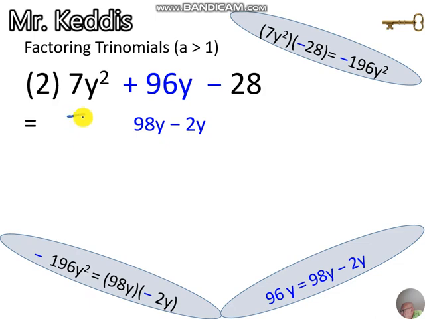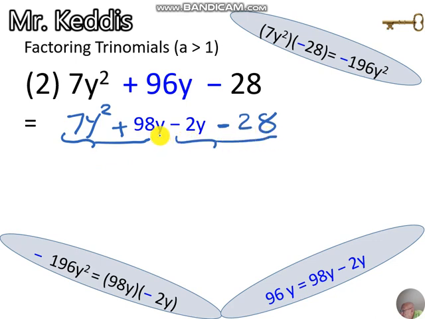7y squared, here plus 2y, here minus 98y, minus 28. I group them. 7y squared and 98y, I take 7y as a common factor, and I group those also. I take negative 2 as a common factor. 7y is a common factor, times y plus 14.